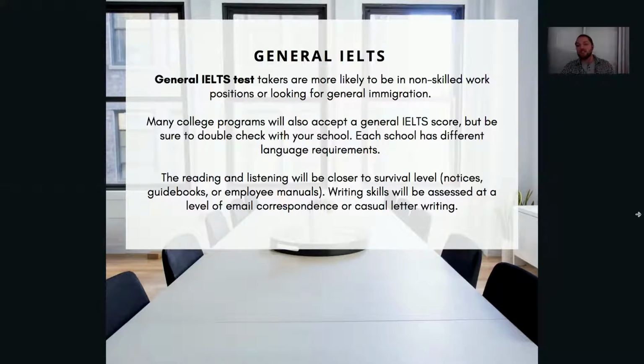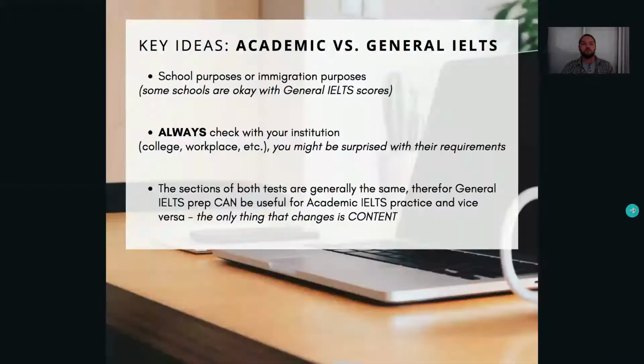The main ideas that I want to express here for the academic and general: one way or the other, we're focusing on school purposes or immigration purposes. We still have to be in contact with our school because sometimes they say that the general IELTS is acceptable.